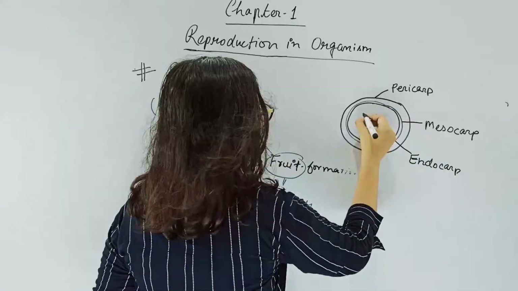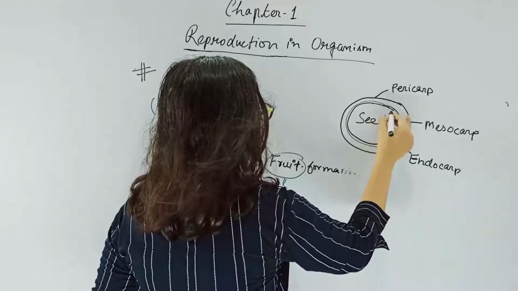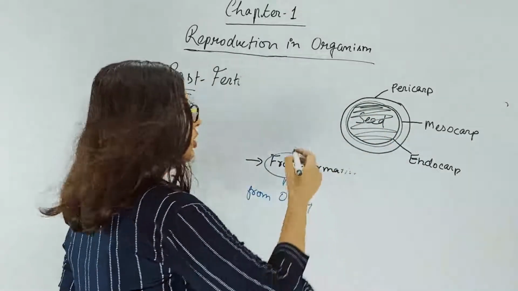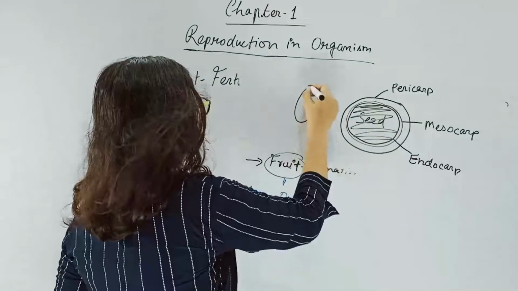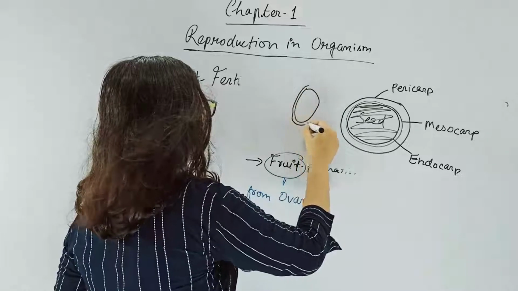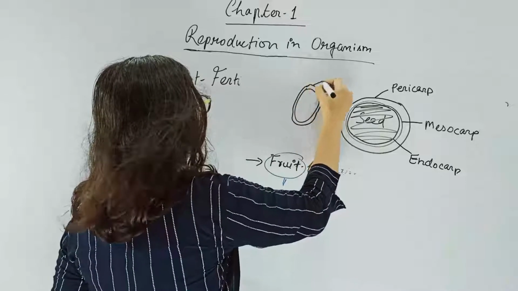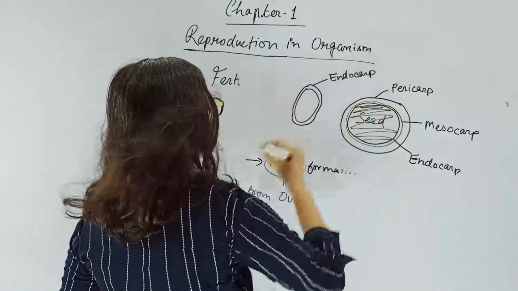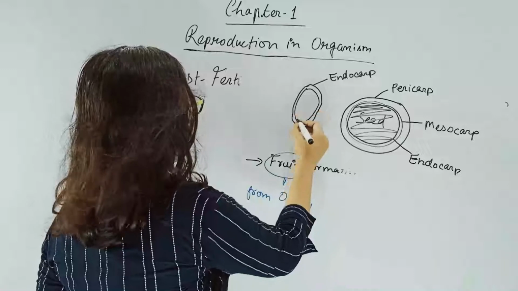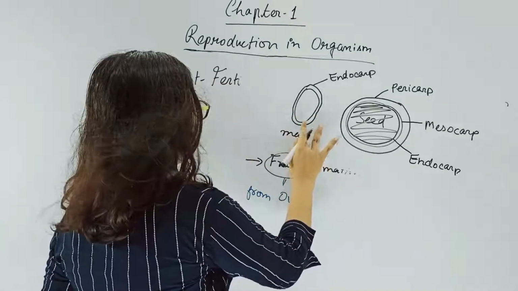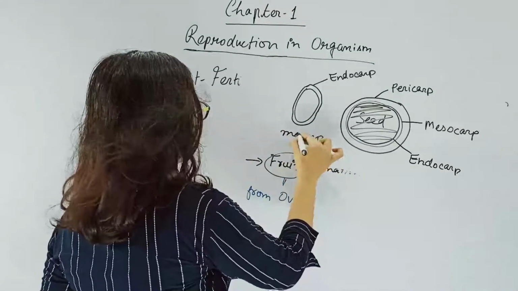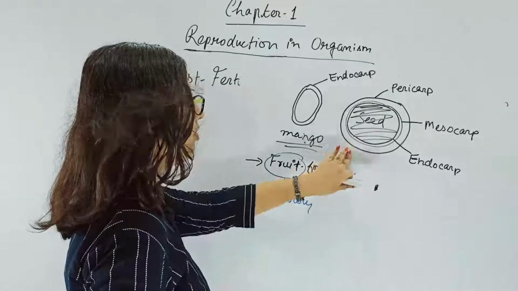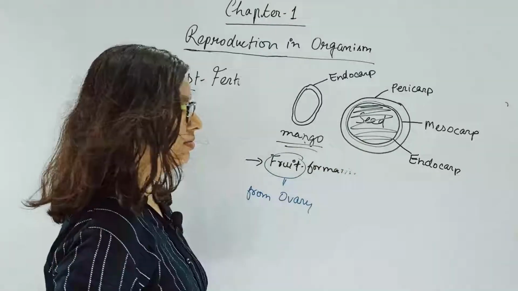So this is the mango seed. On the mango seed you will notice a membranous structure. This membranous structure is the endocarp. So there are basically three layers in the fruit of angiosperms.